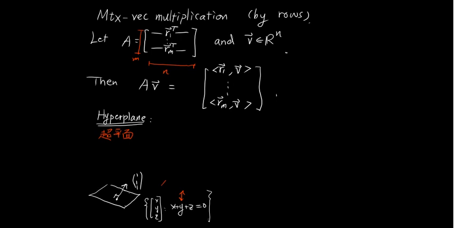The reason is that x plus y plus z is equal to the inner product of (1, 1, 1) and (x, y, z). So this equation says that (x, y, z) is a vector whose inner product with (1, 1, 1) is 0. I'm collecting all the vectors that are orthogonal to (1, 1, 1).